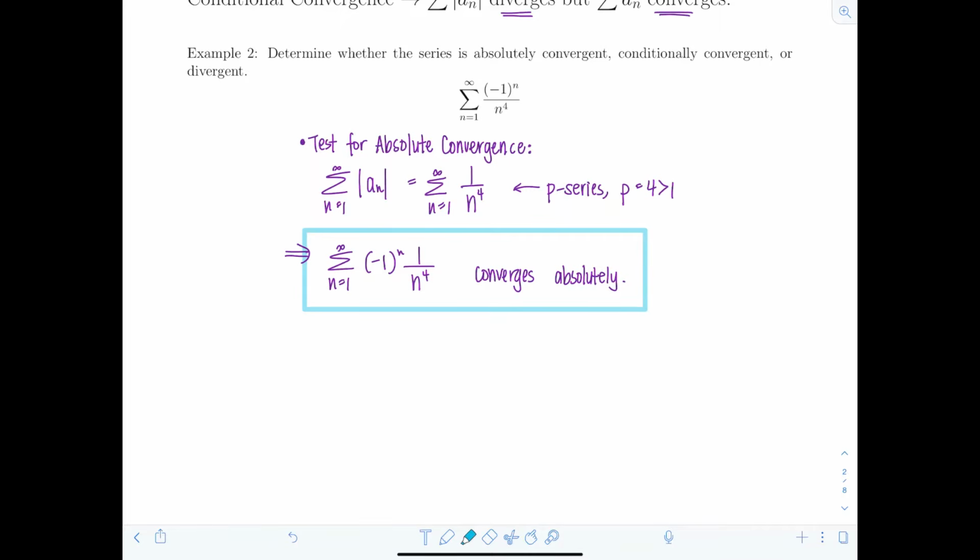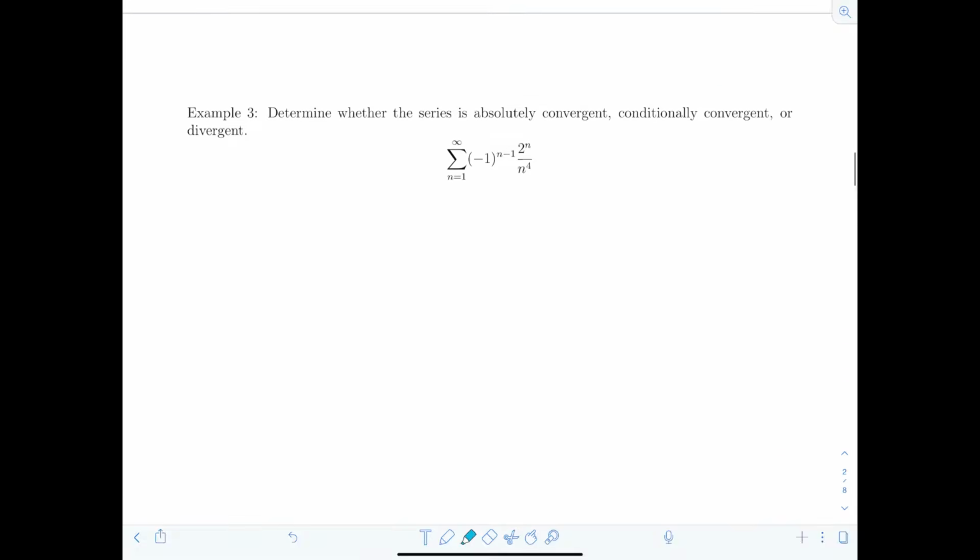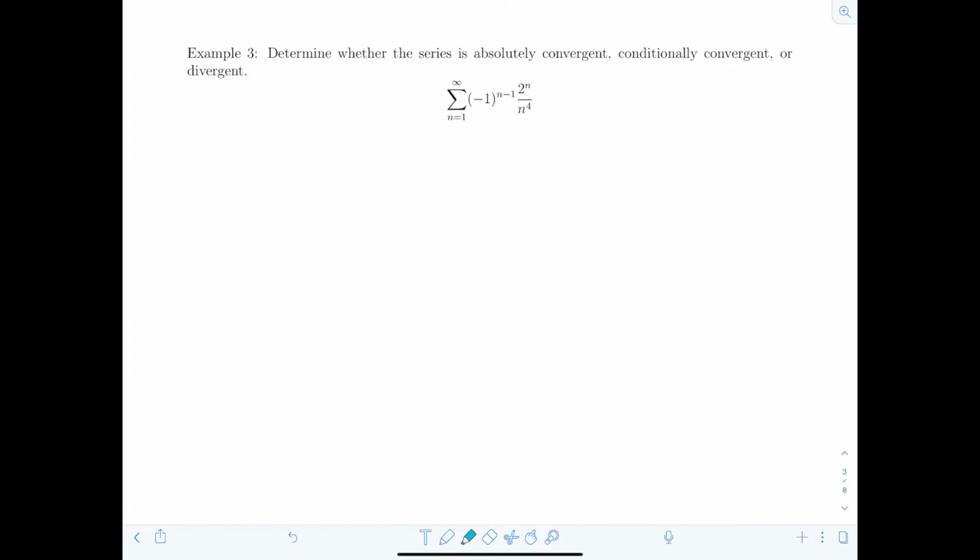Let's look at another example now and see what other sort of situations can arise. So example 3, determine whether the series is absolutely convergent, conditionally convergent, or divergent. Okay? So to start off, I'm going to test for absolute convergence first.